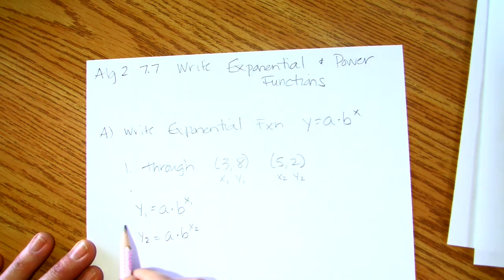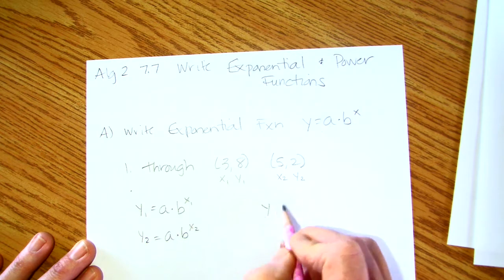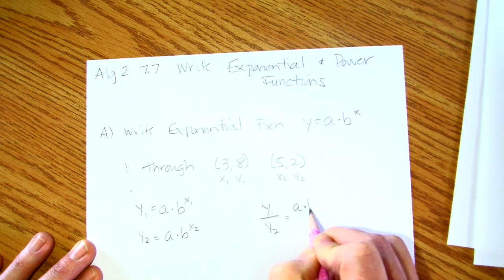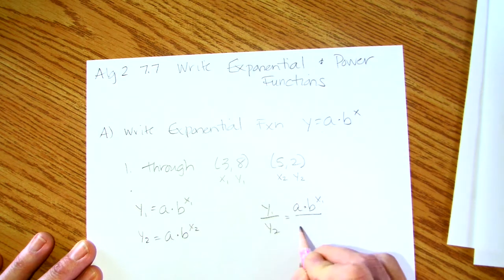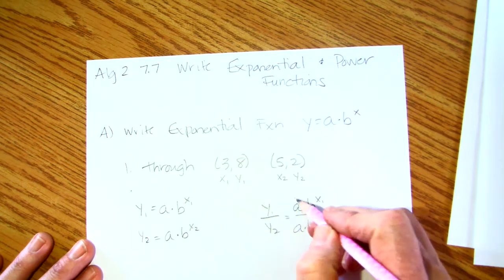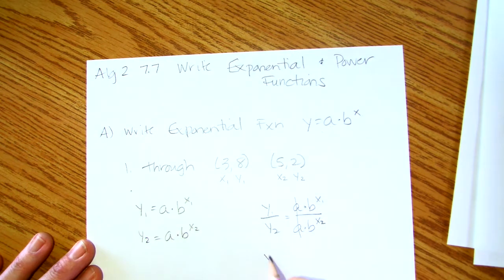So if I wrote that as a proportion, I would say y1 over y2 equals a times b to the x1 over a times b to the x2. And my a's cancel, so I get y1 over y2.